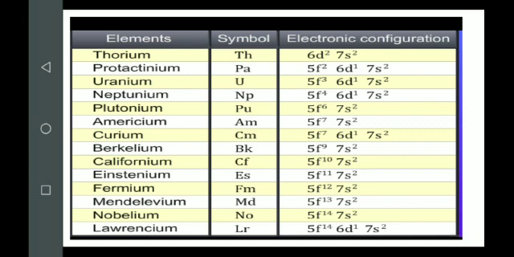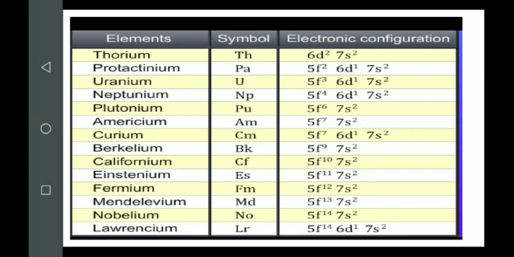Actually, there is some uncertainty observed in their electronic configuration. One element may exhibit more than one kind of electronic configuration, where there may be one electron present in the 6d orbital or no electron in the 6d orbital. So there is uncertainty in the electronic configuration of the 5f series.